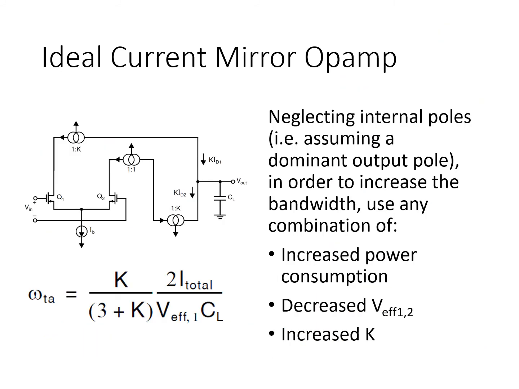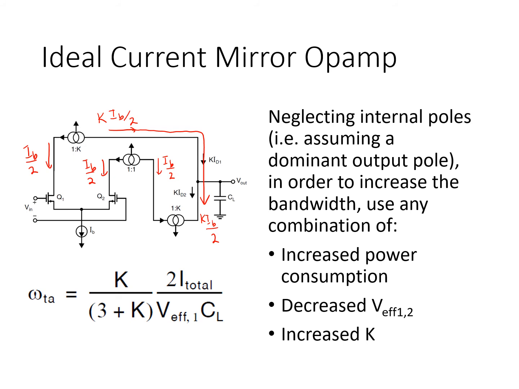So again, if we recognize that the bias current flowing in each of these paths can be written in terms of IB, the tail current for the diff pair Q1 and Q2, here we've got half of IB on each side of the diff pair. Here we've got IB over 2 times K. Here we've got another IB over 2, and then that gets mirrored by K to give rise to K times IB over 2.